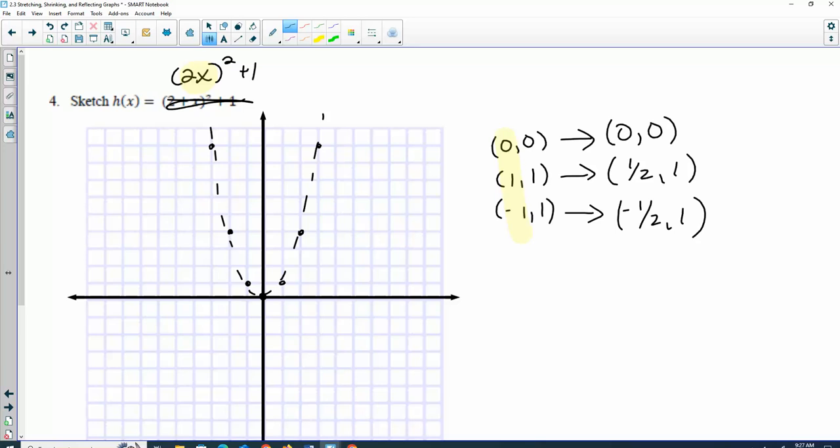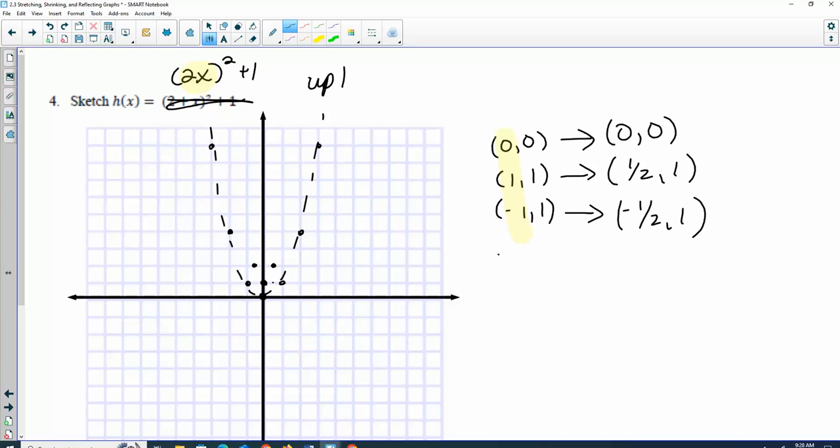And then what's the plus 1 going to do? You're looking at a different one. Okay, so I take 0, 0, move it up 1. Okay, then I have 1 half, 1, and move that up 1. Take negative 1 half, 1, and move that up 1.